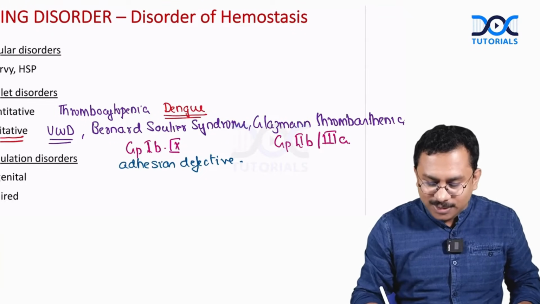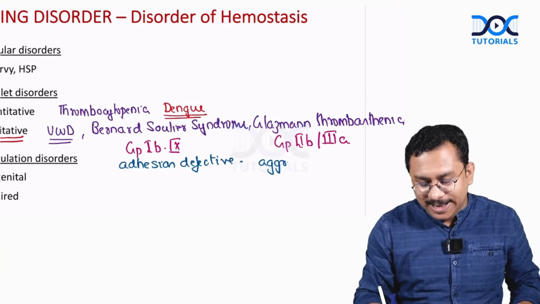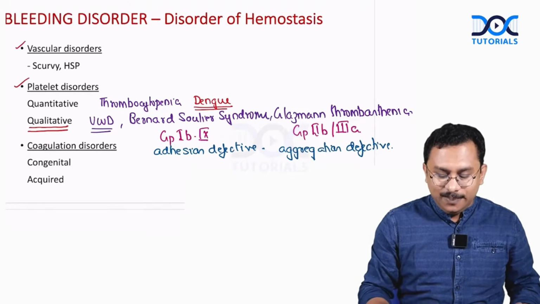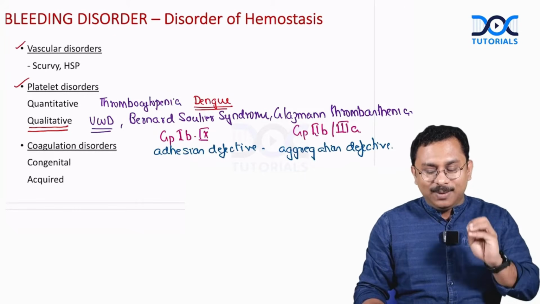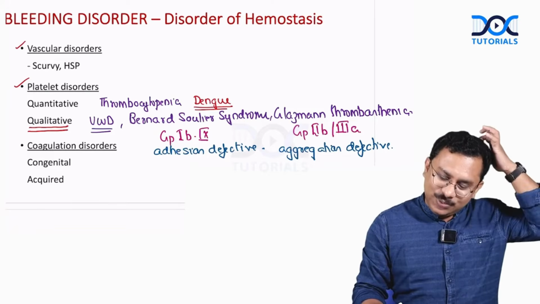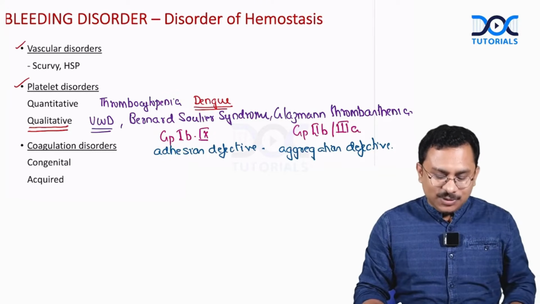So here what is defective? Platelet aggregation is defective, because of which, despite a preserved platelet number, the function is affected. So you can have a disorder of hemostasis.